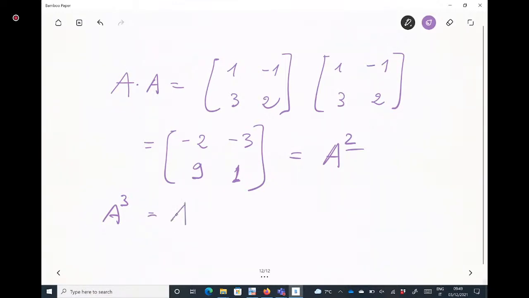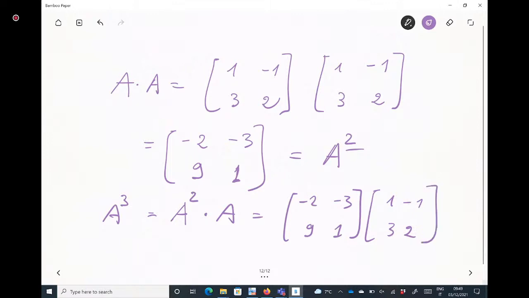It would be A squared, this one, times A again, okay? So that would be minus 2, minus 3, 9, 1, again times A. 1, minus 1, 3, 2. Solve this by exercise. So compute A to the power of 3. But now, remember this, A cubed is equal to A times A and then times A.